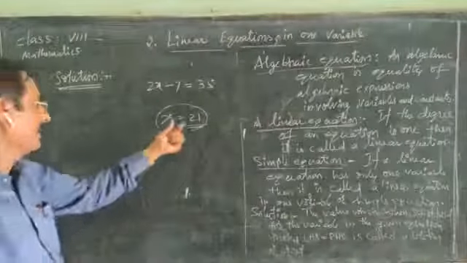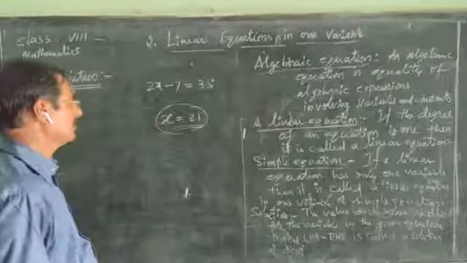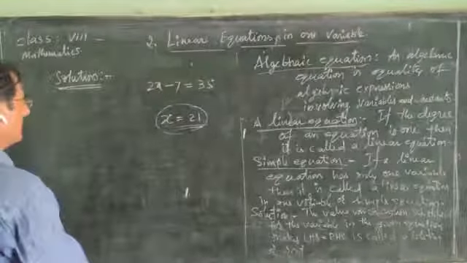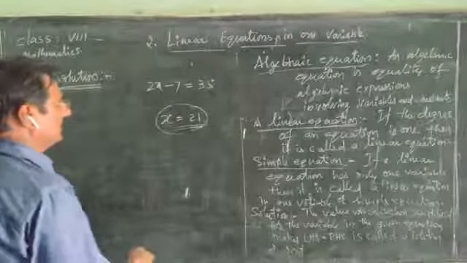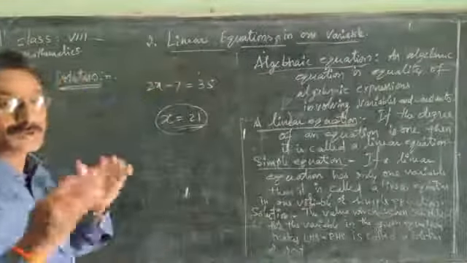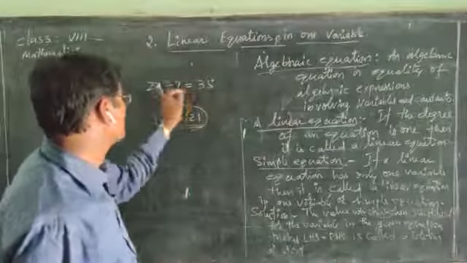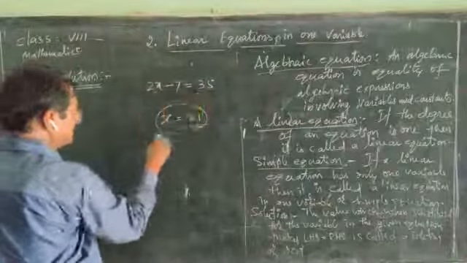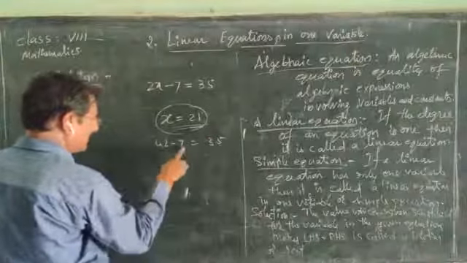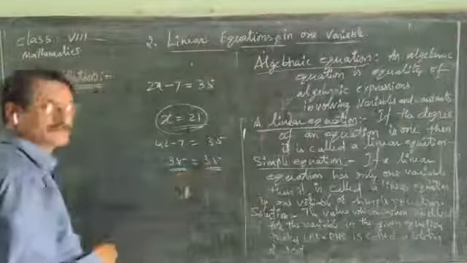Once again, for example, if x equal to 21 here, 21 into 2 is 42, minus 7 is 35, and the right side is already 35. So LHS equal to RHS.